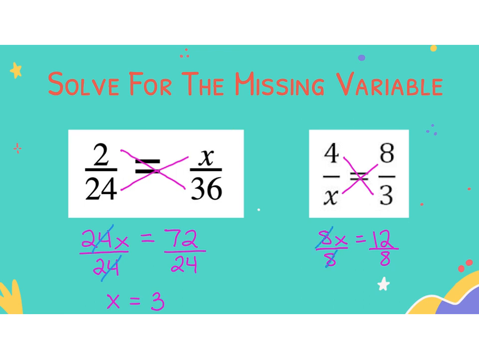The 2 8s on the left are going to cancel each other out, and they become 1. So x is by itself. And when I divide 12 divided by 8, I get 1 5/10. X equals 1 5/10.